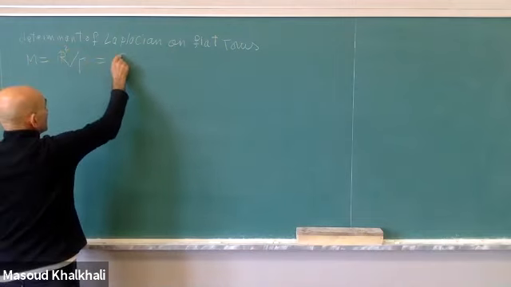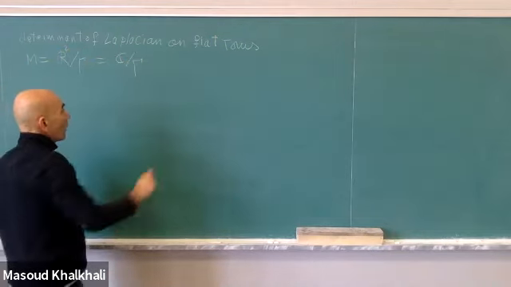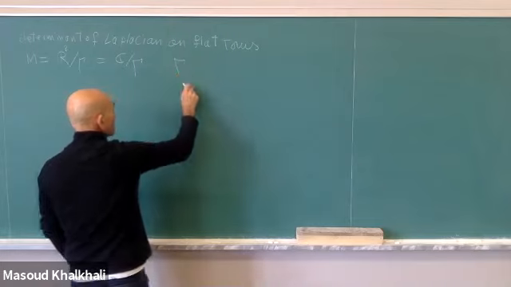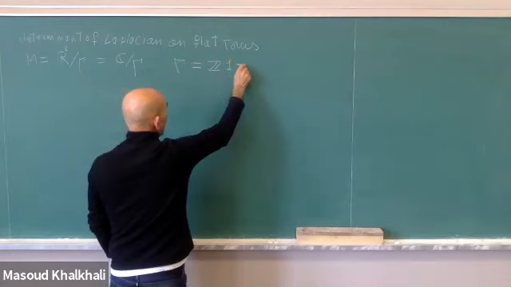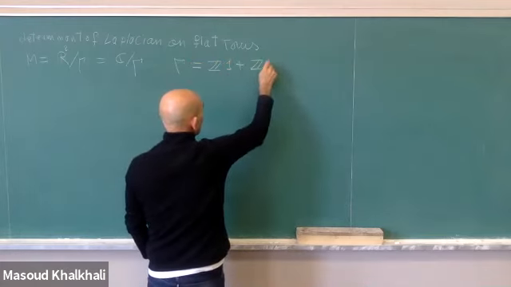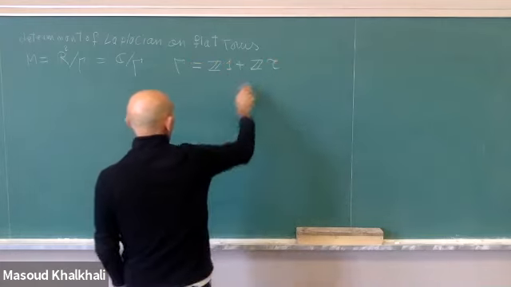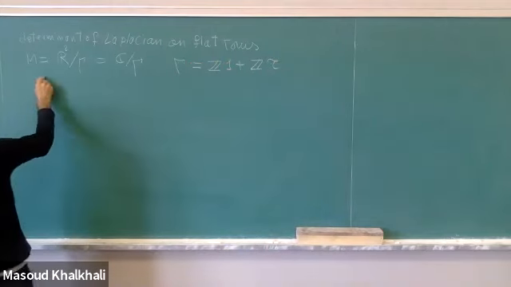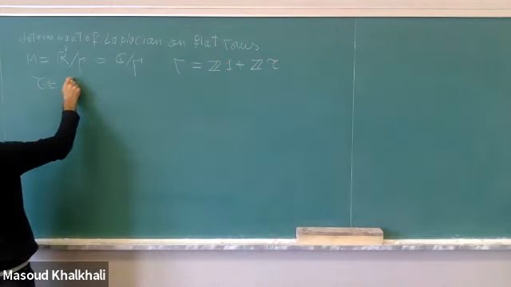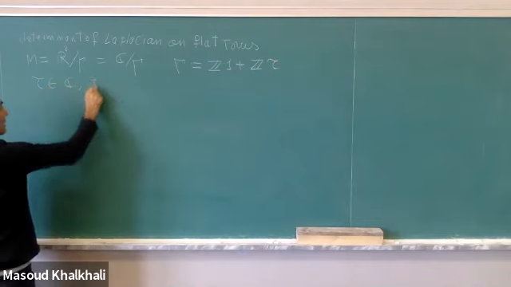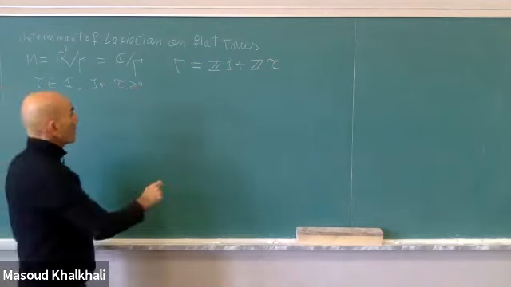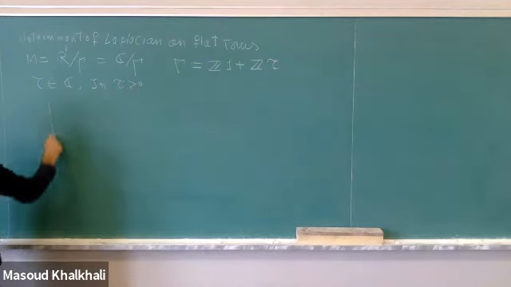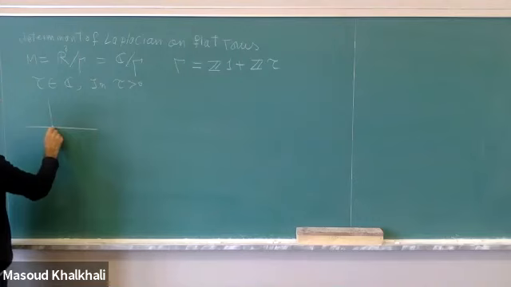We can think of it as C mod gamma also. But gamma now is the lattice Z times 1 plus Z times tau, where tau belongs to C and is such that the imaginary part of tau is positive. So we think of tau as defining the lattice for us like this.